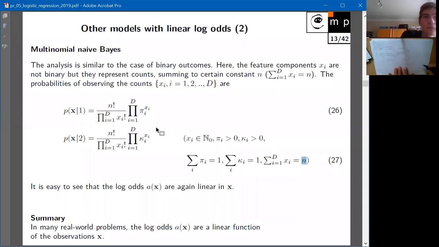For xi we'll have just logarithm pi I minus logarithm kappa I. And here the offset is not there, so it will actually be w times x, where wi is this. So we have 3 completely different models that lead to log odds, which is linear.